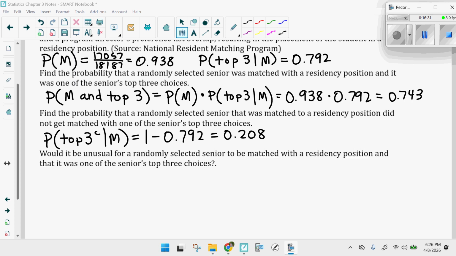And then lastly, would it be unusual for a randomly selected senior to be matched with a residency position? We'll continue looking at this idea of unusual. And unusual is when a probability is below 5%.